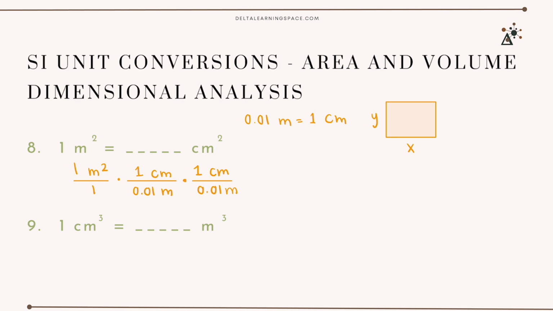Because not only will my 2 meters from the numerator cancel out with my 2 meters from the denominator, but now I also have 2 centimeters to give me centimeters squared. And so now I put this into the calculator, making 1 meter squared equal to 10,000 centimeters squared. Now pause the video and try to convert our final example.